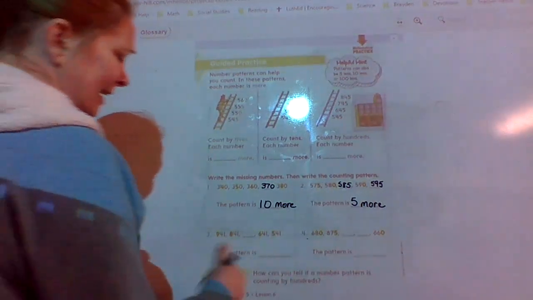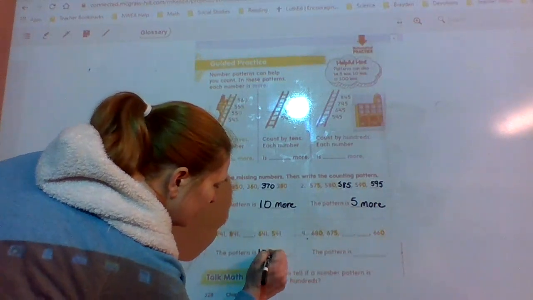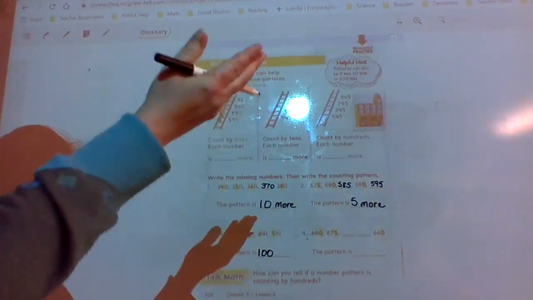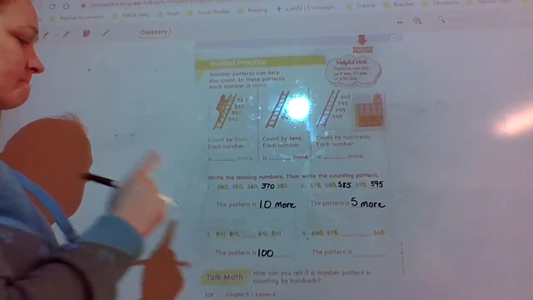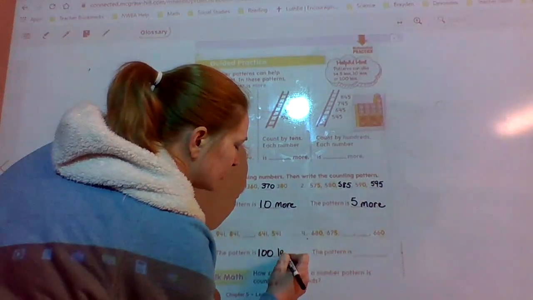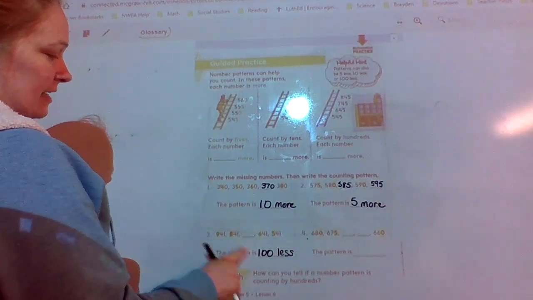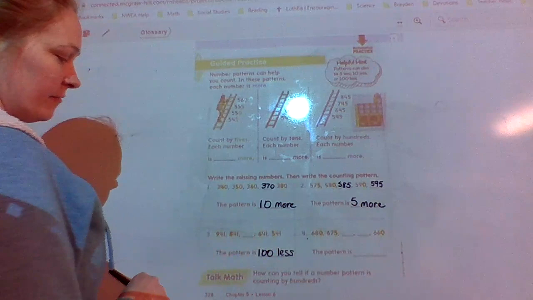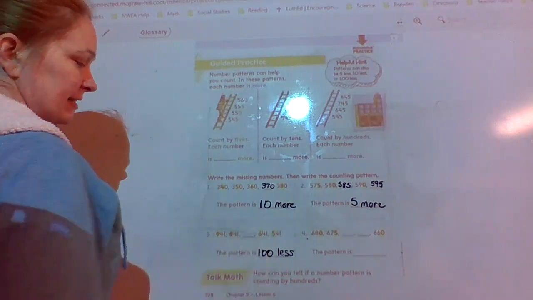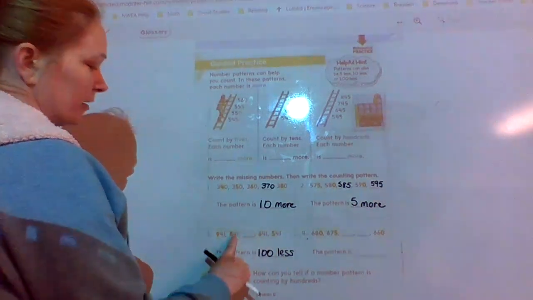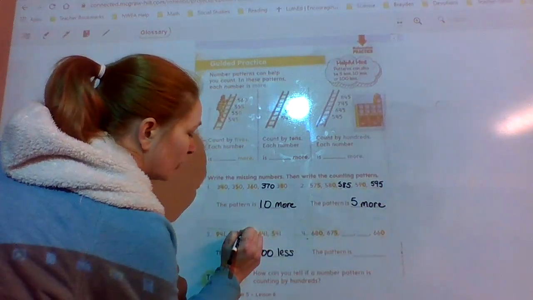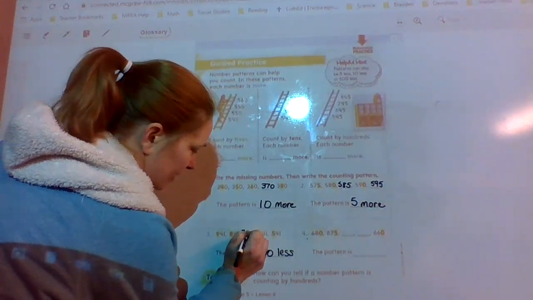So this pattern is 100, but are the numbers getting bigger, so it's 100 more, or are they getting smaller, so it's 100 less? They're getting smaller in this case, so it's 100 less. So if we look, we have 9, 8, something, 6, 5. And the other numbers are staying the same. So 941, 841. What comes after 800? 741.